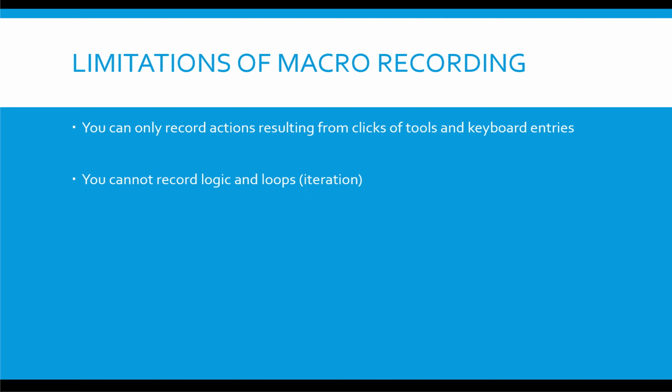Recording also cannot do loops or iteration. Meaning you cannot have the task repeat like 1,000 times on its own. The number of times that you perform a certain task is the same as the number of times that it will execute later.